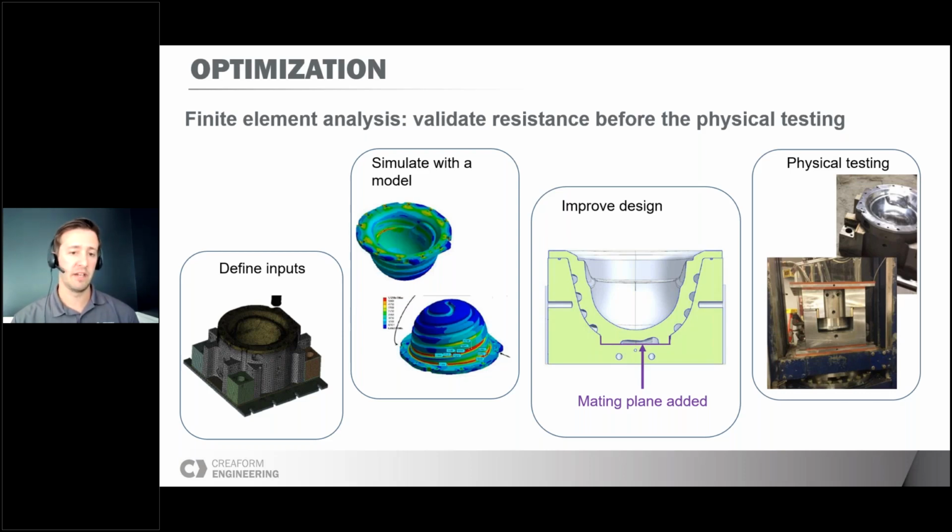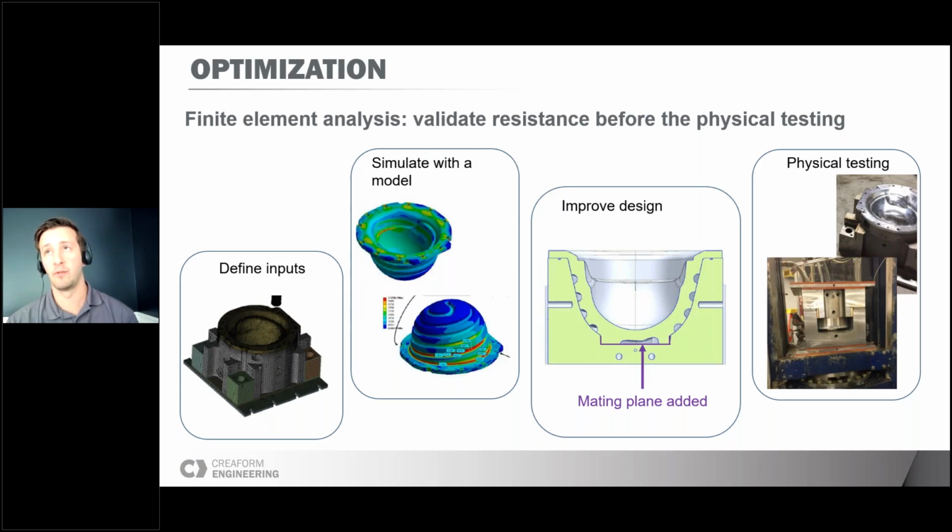I take all this information and I put this into a mathematical model which will allow us to simulate the usage of the product, and we can see if we have some stress or some failures around this design. And based on the results, we can decide, is this acceptable or do I need to make some changes?